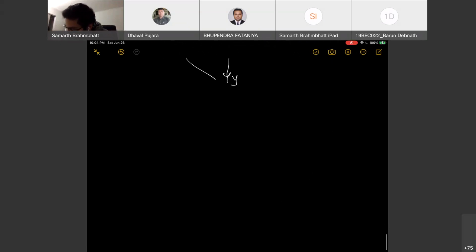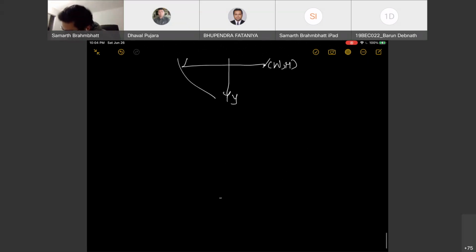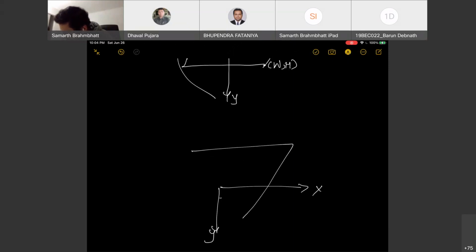So that means if I take again my image plane, and this is my z-axis.